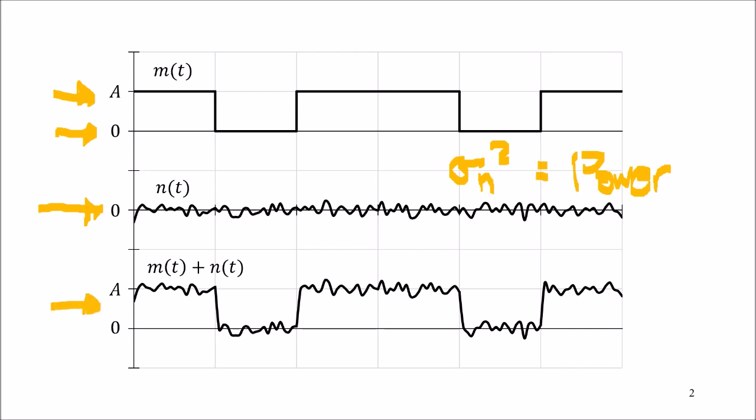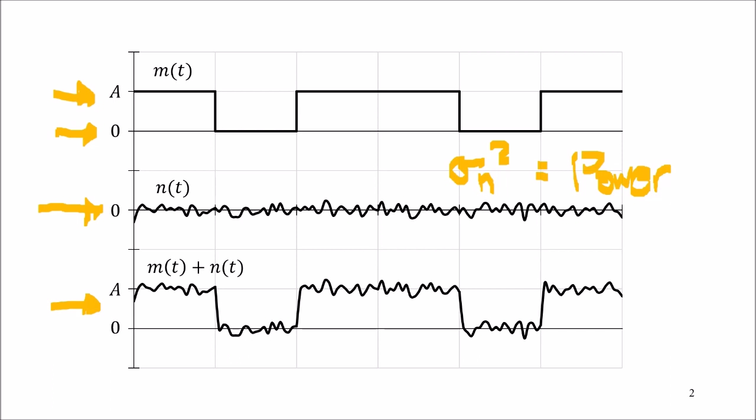And you can see that as you add noise to the binary signal, there is a chance, if the noise is big enough, that maybe the ones will be misinterpreted as zeros, and maybe the zeros would be misinterpreted as ones. Well, if that were to occur, this would lead to a bit error.